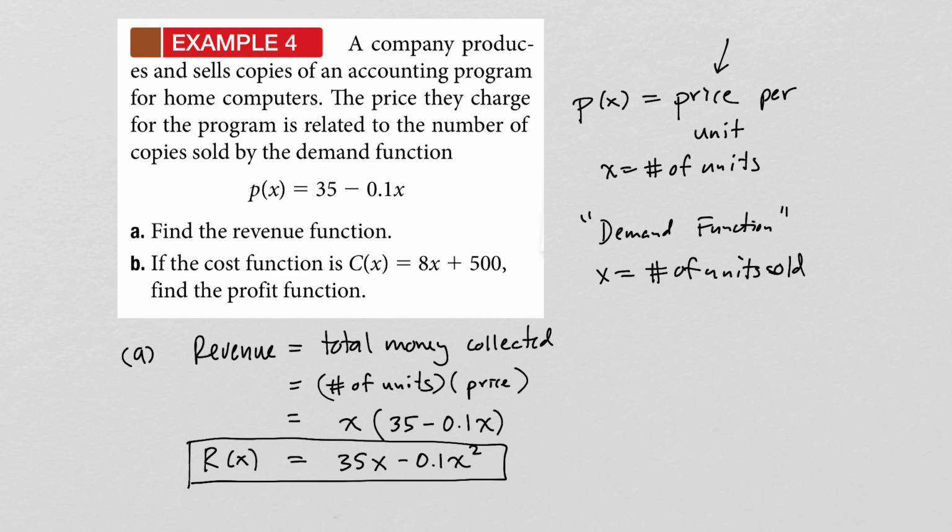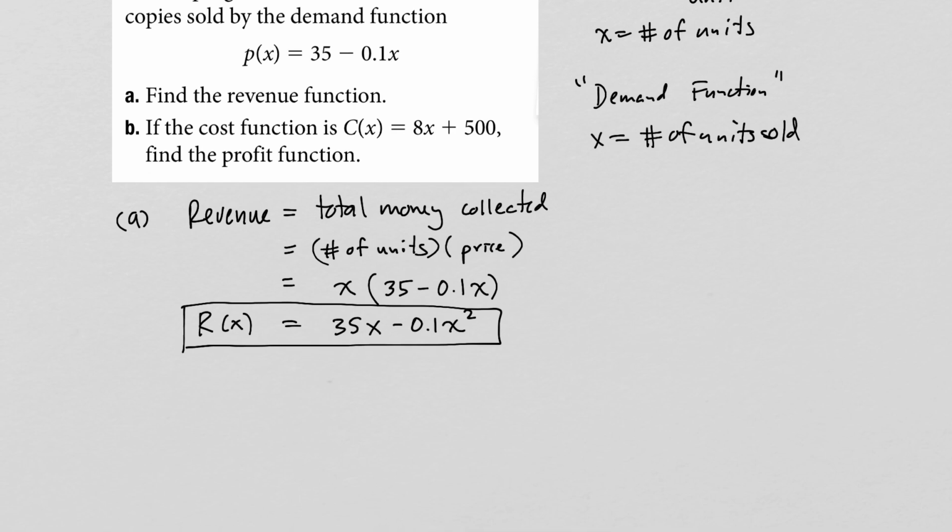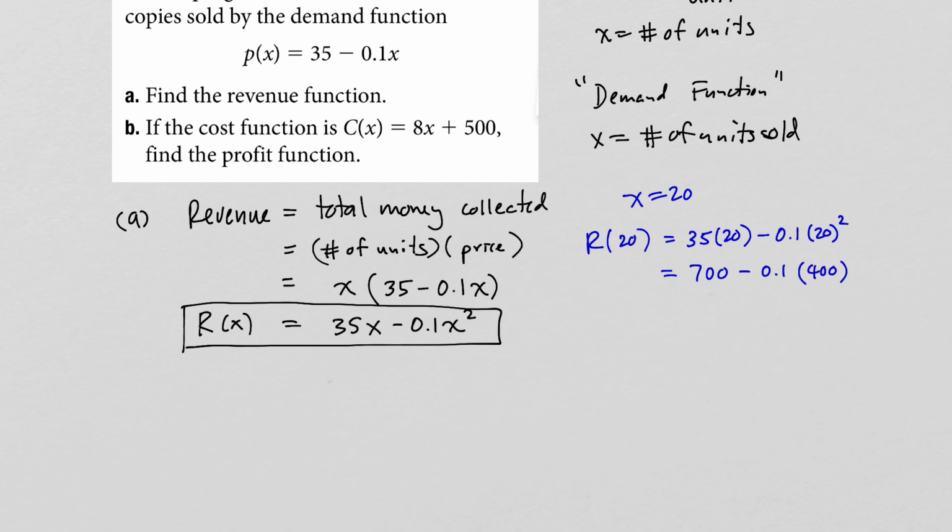So this means if you sell a particular number of items, all you have to do is plug in that number x, and it will tell you the revenue that you will collect. So just a quick example of this before we go on. If x is equal to, say, 20 units, the revenue you're going to get from selling 20 units will be 35 times 20 minus 0.1 times 20 squared. 35 times 20 is 700 minus 0.1 times 20 squared. 20 squared is 400.